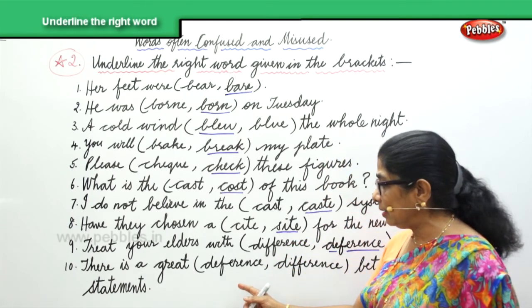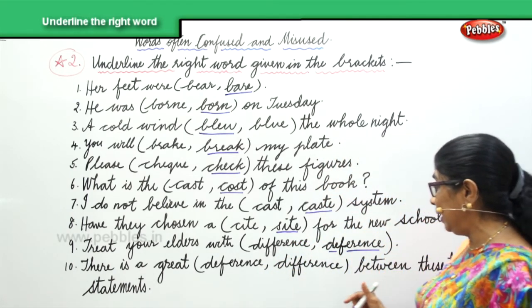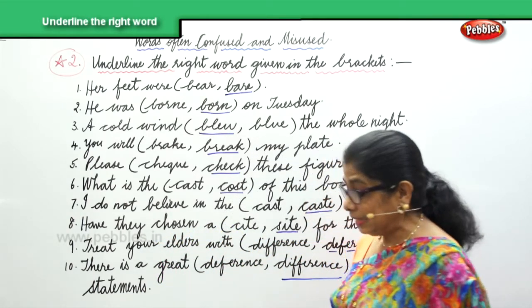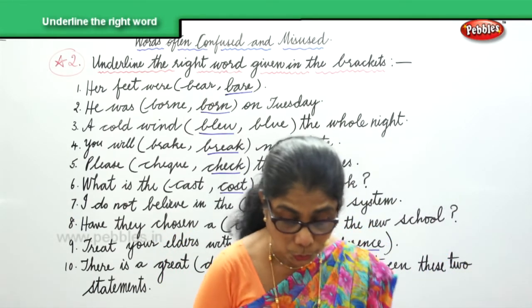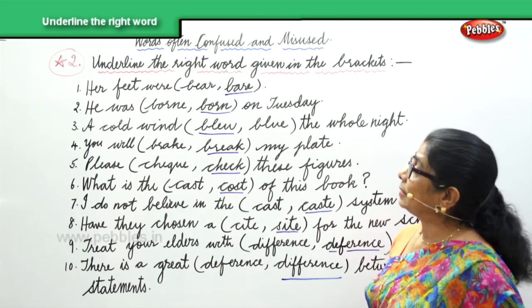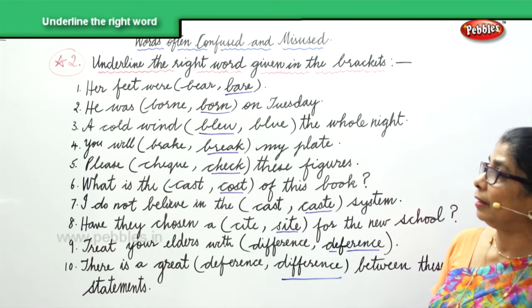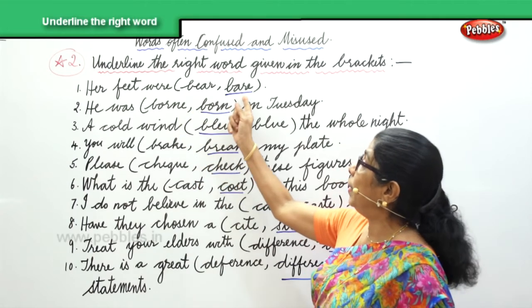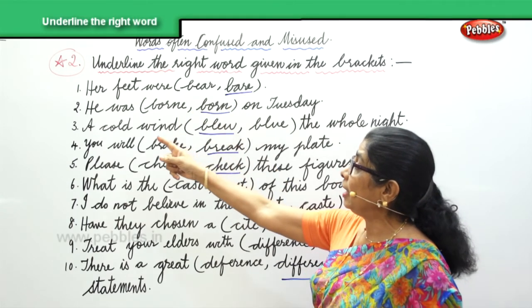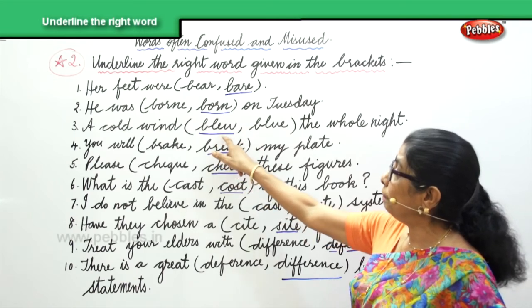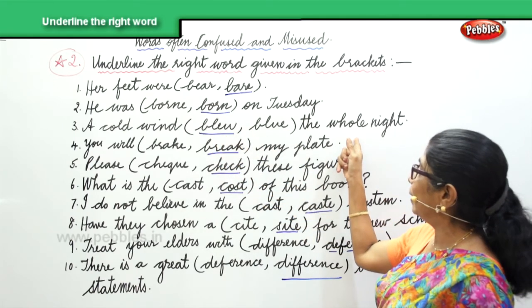There is a great difference between these two statements. So we have learned in the second exercise to underline the right word in the bracket. Her feet were bare. He was born on Tuesday. The cold wind blew the whole night.